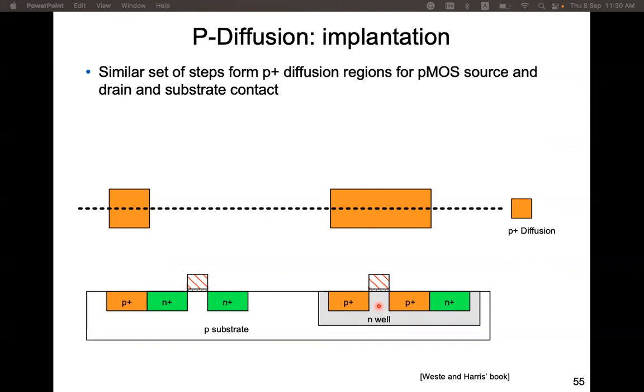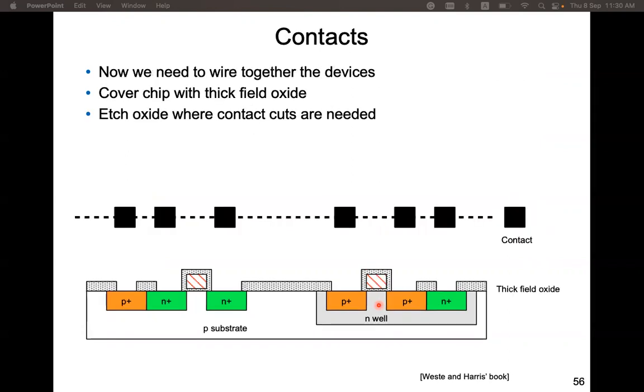The next step is to form contacts. Again, the entire cycle needs to be gone through.